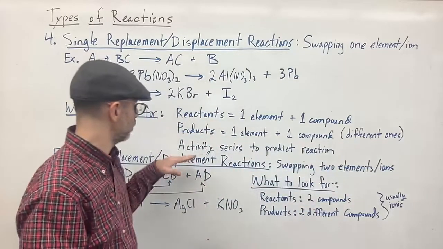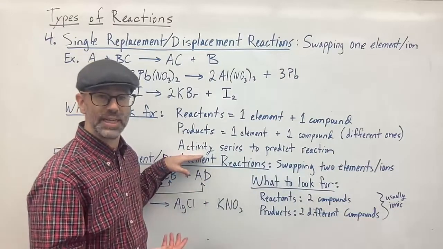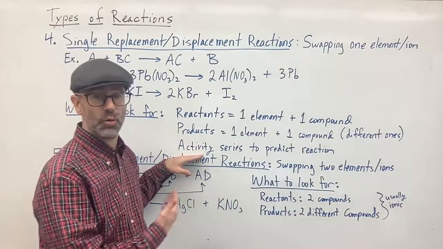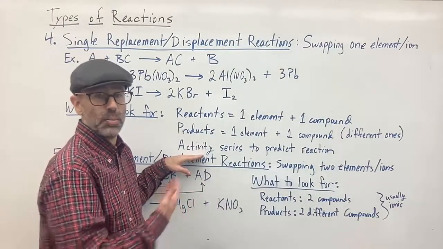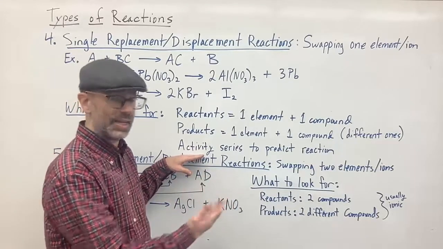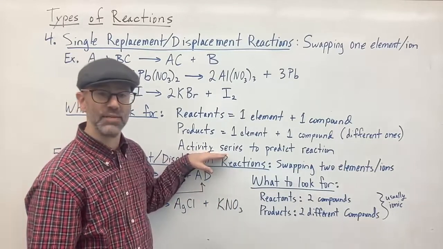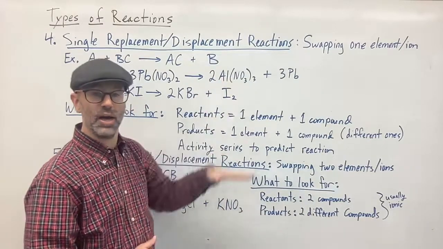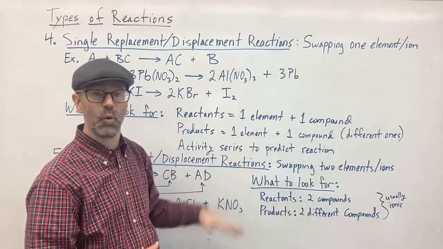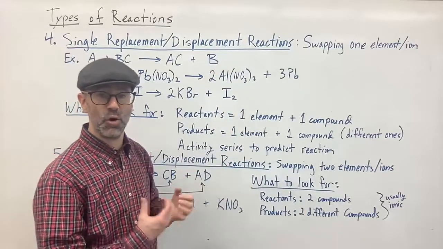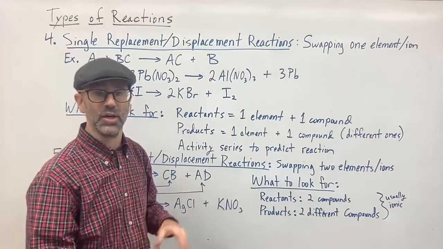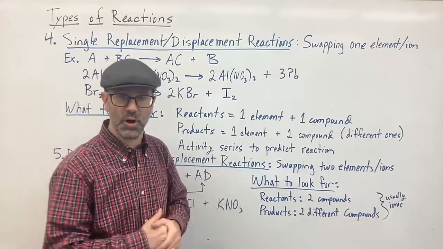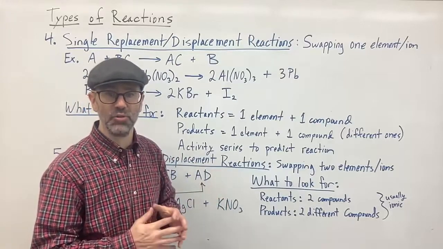And so the thing to keep in mind here is in order to predict whether this reaction is going to happen or not, or to predict what products you're going to get, if you get any, you need what is called an activity series. And the activity series is basically a list of elements in order of reactivity or strength in the reaction, or what oxidation of reactions or something along those lines.